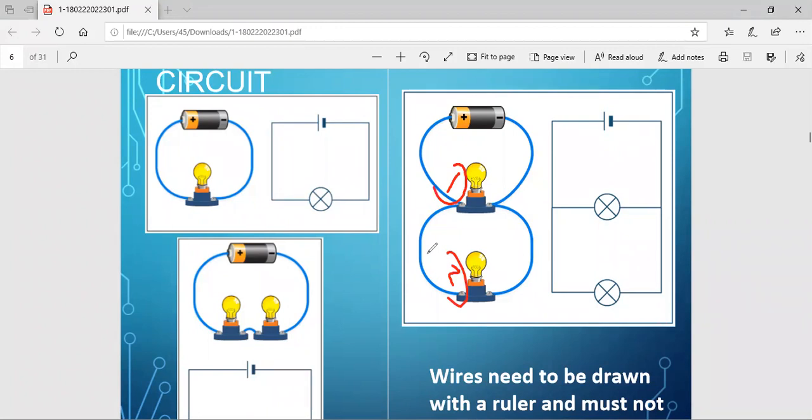Will one be equal to two in the intensity of the light, or will one be bigger or lower than two? Depending on certain factors, we can determine which one of them will be higher, but first of all, do you think they are going to be equal to each other or not equal? I hope you can tell me if you have any idea about that, okay?